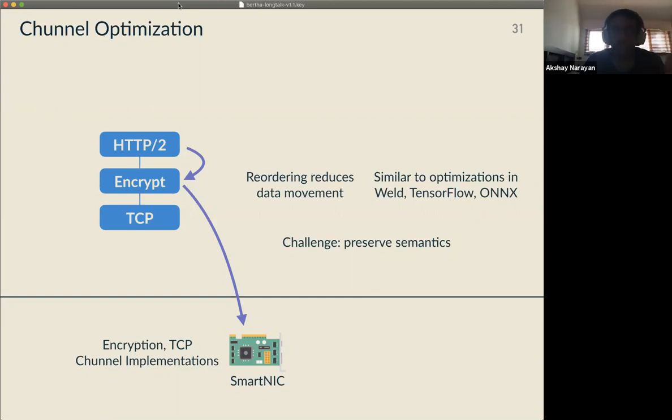The idea is that because the channel semantics are explicit rather than out of band, we can apply optimizations to them. And of course, a challenge here will be to ensure that the right semantics are preserved. For example, in this case, we moved the encryption channel, which means that the HTTP2 headers were not encrypted before, but are now encrypted. This might be bad if there is some interdependence between that HTTP2 channel down the stack and another channel which was depending on reading those HTTP2 headers.